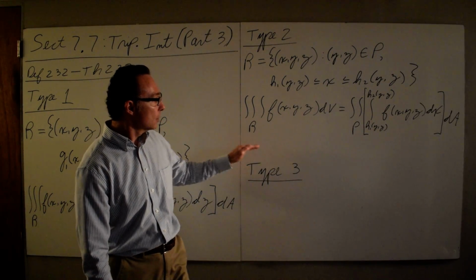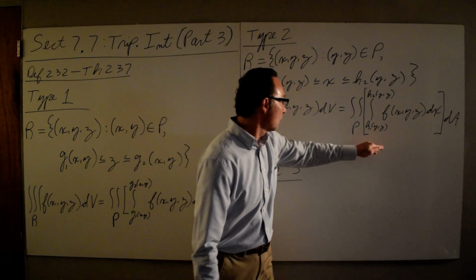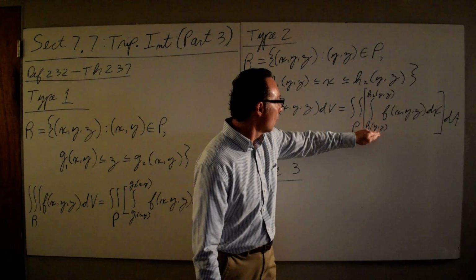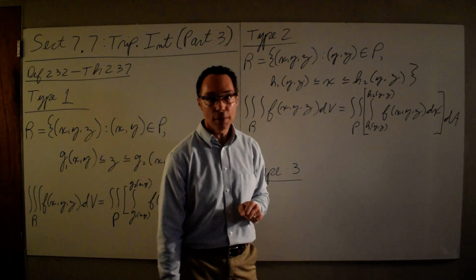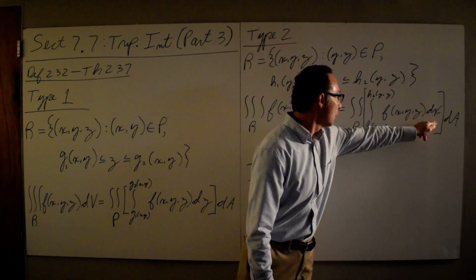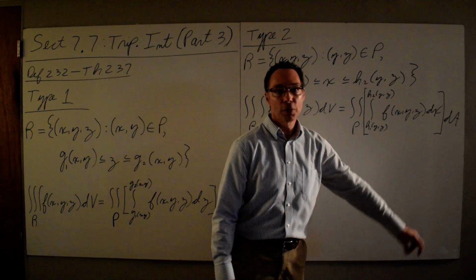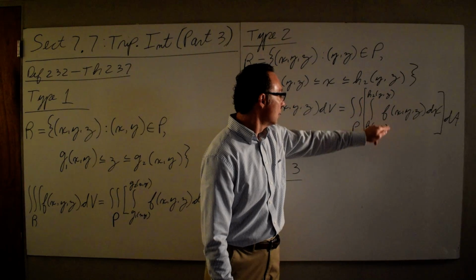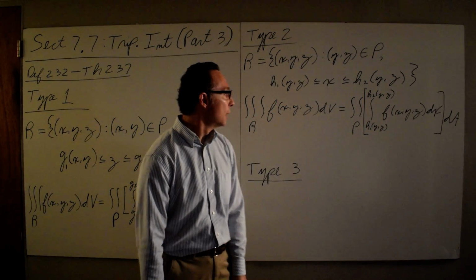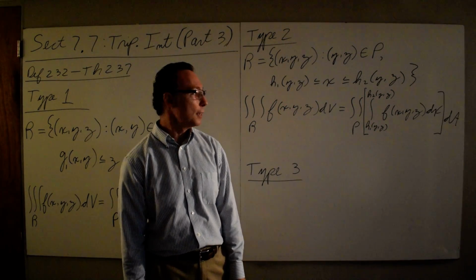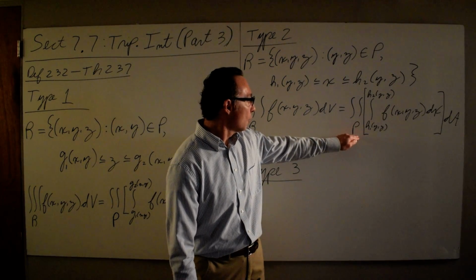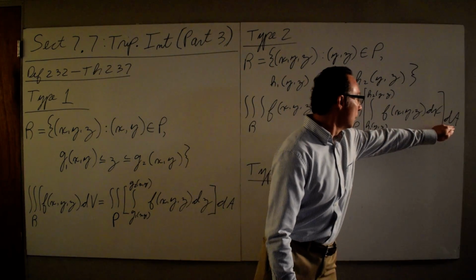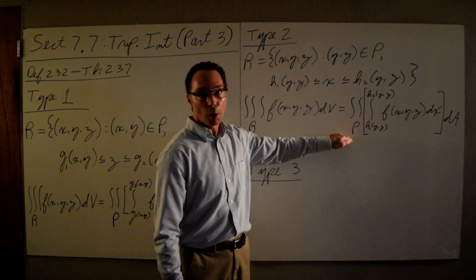So in this case, we integrate with respect to x first. We integrate from h1(y, z) to h2(y, z). Find an antiderivative with respect to x. We pretend y and z are constants. We substitute, subtract, and then we just have a function of y and z. So we integrate over that projection, dA. So now this is just a double integral.